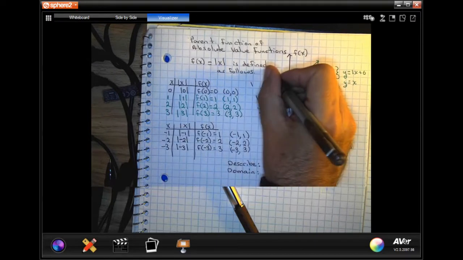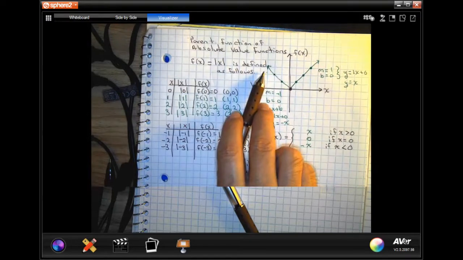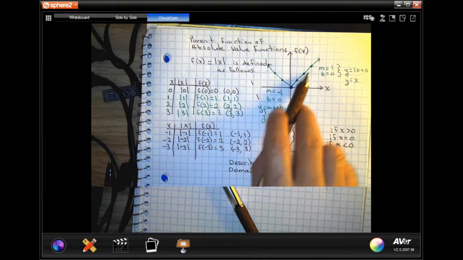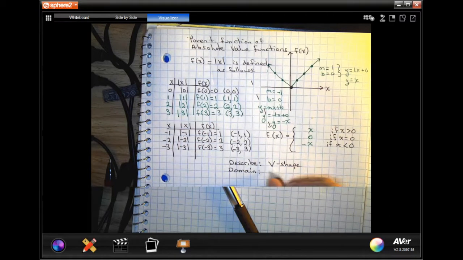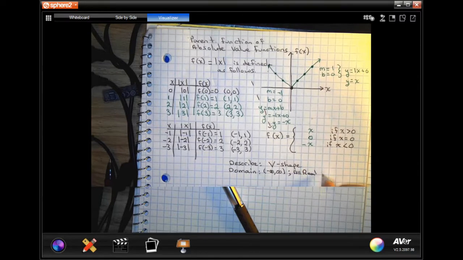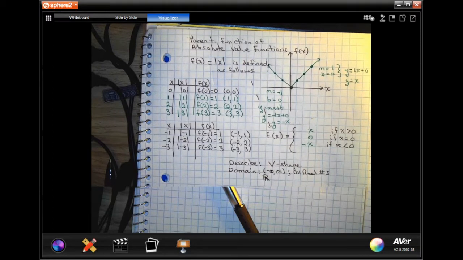If you notice, we go from -infinity all the way to +infinity, or we could also say all real numbers. The symbol for all real numbers is that R right there.